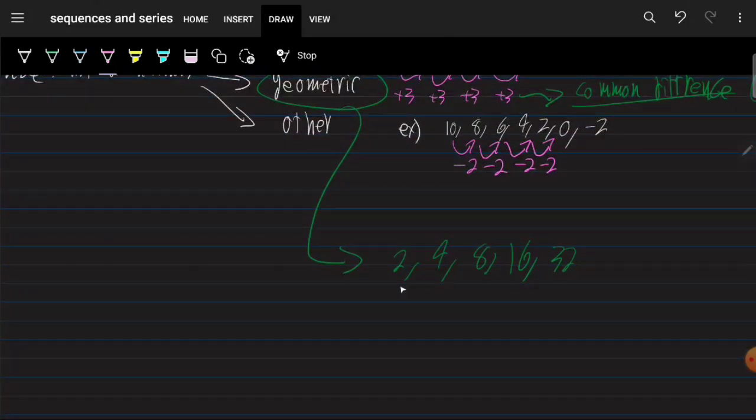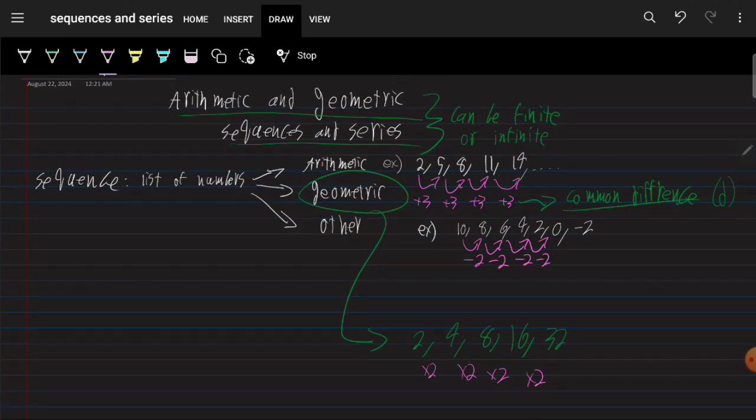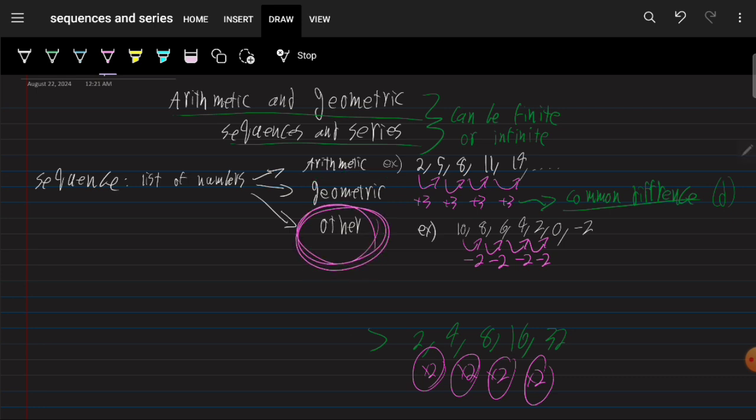In this case, I've multiplied by 2 every time to get to the next number, so this would be a geometric sequence. The number that you multiply or divide by every time is referred to as the common ratio. And if the list of numbers follows some other pattern that's not arithmetic or geometric, we put it in the other category.